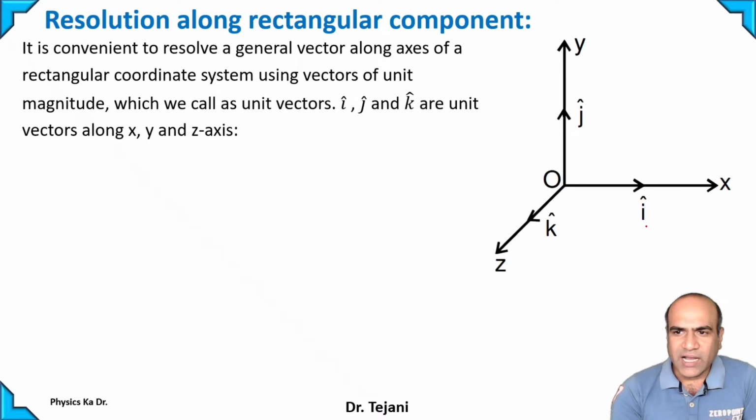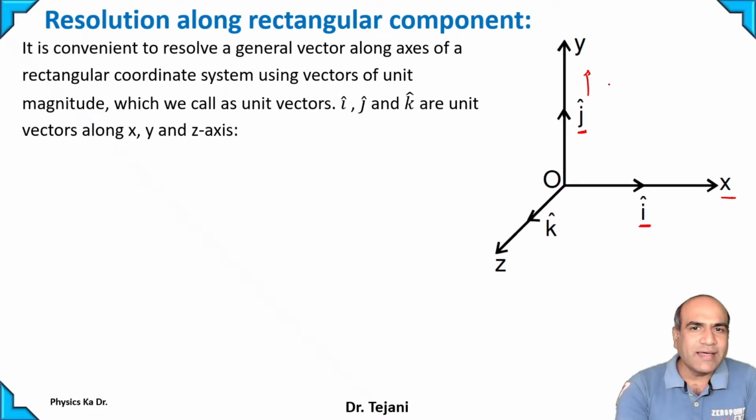If you see this i, it is a unit vector along the x direction. j represents the unit vector along the y direction, and k represents the unit vector along the z direction.